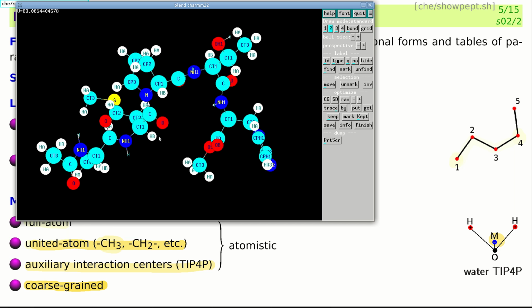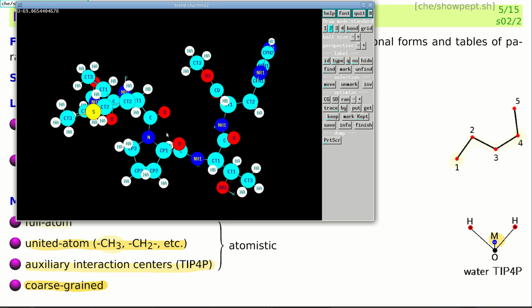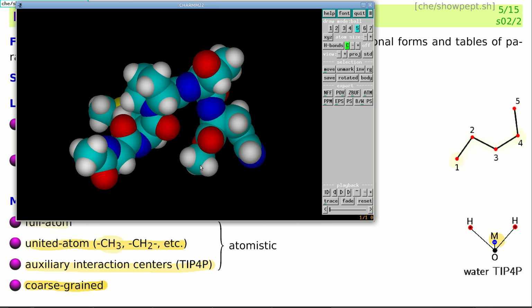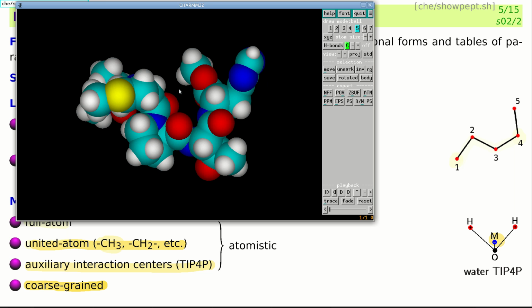It's quite typical. In this software, I can run energy minimization and so on. This is the same molecule shown using a ball model.